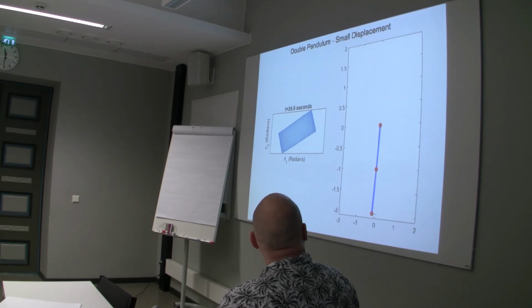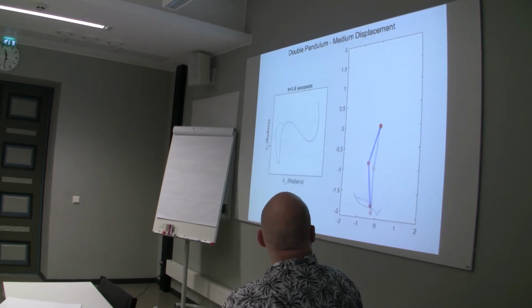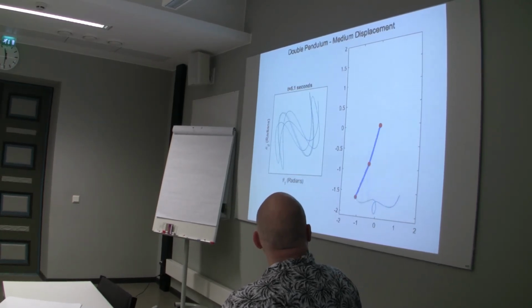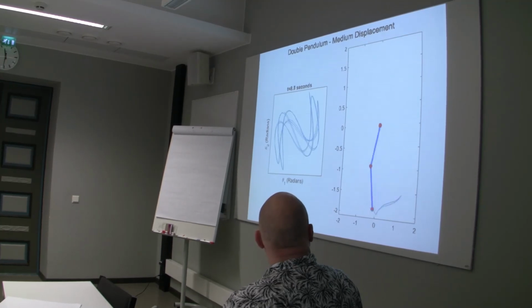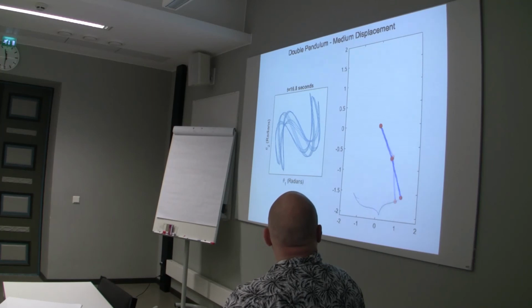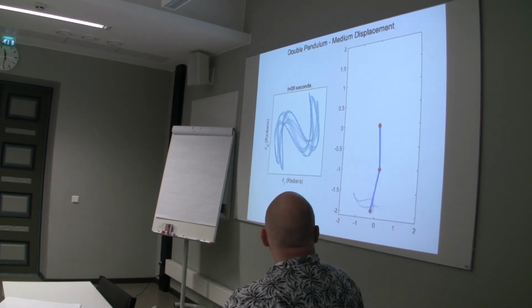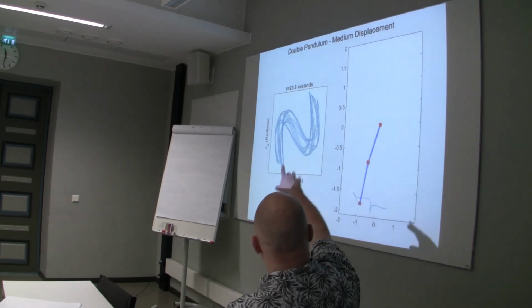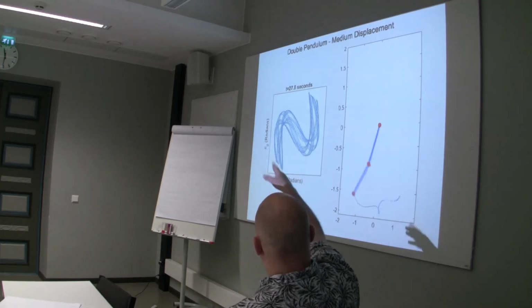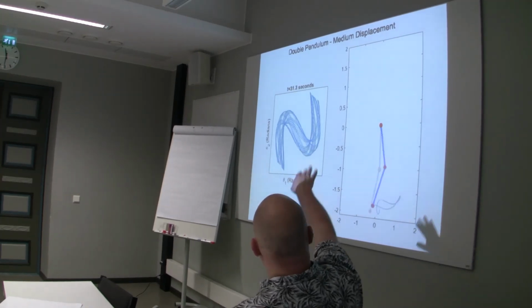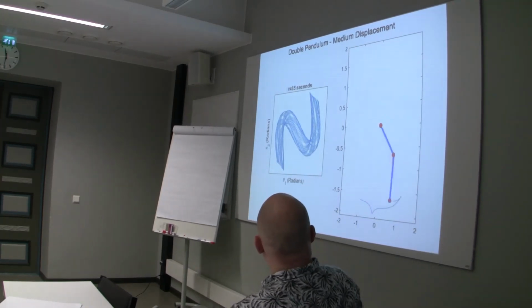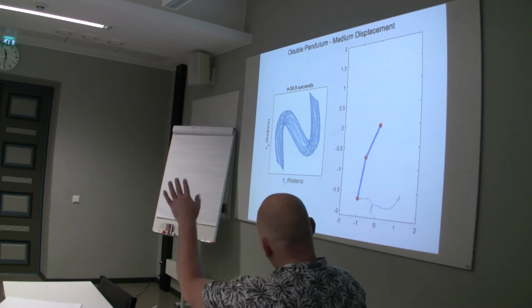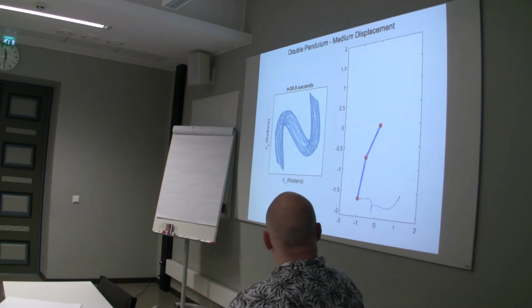No problems there. But if you have a medium displacement, it's still okay. Maybe there's some transient behavior there, but it'll settle into something that looks a little bit periodic. So you could probably also call this quasi-periodic, and not completely, but it still looks something like a limit cycle or a cycle on a torus or something like that.